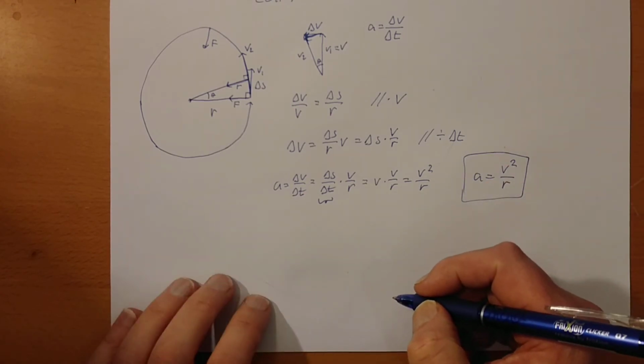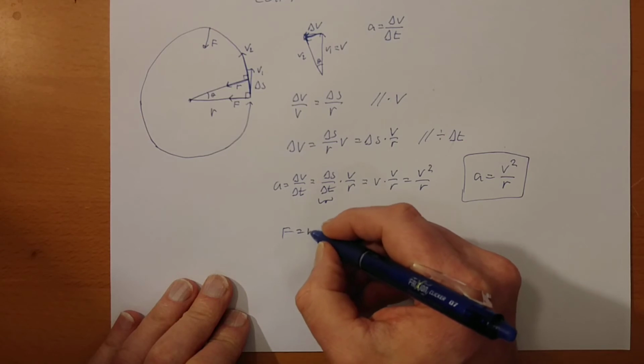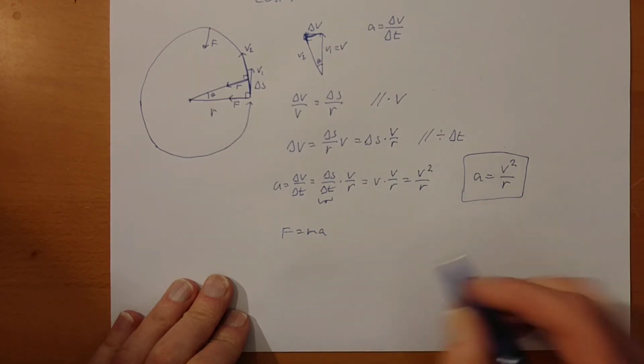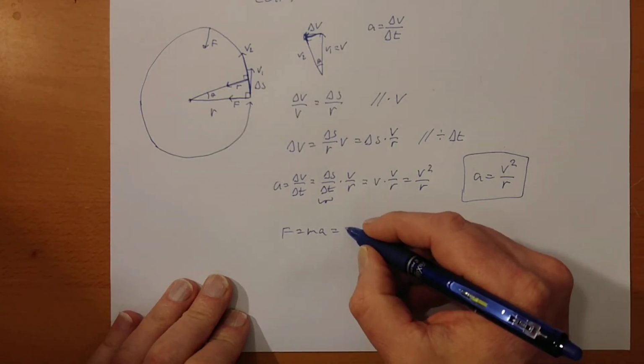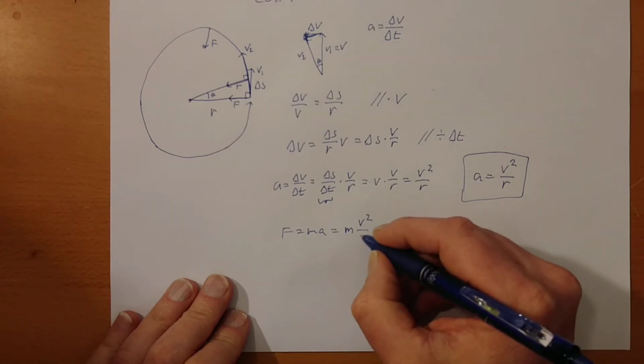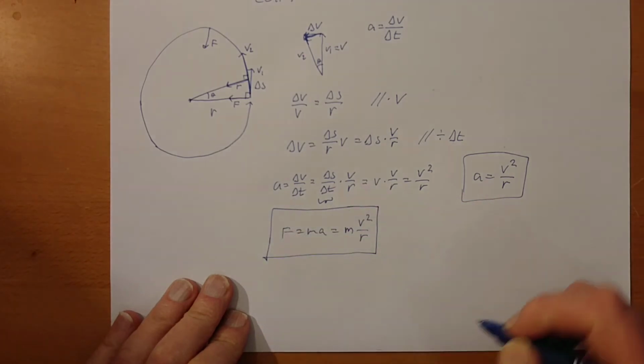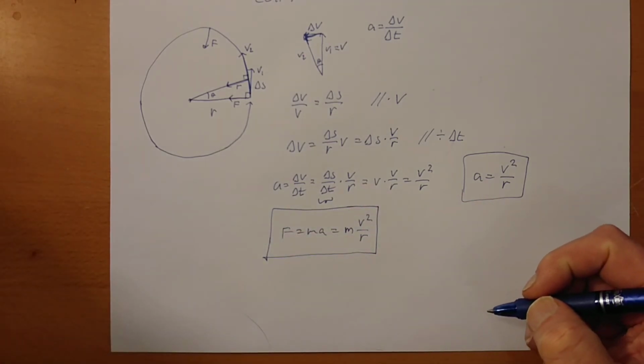Since force is mass times acceleration, if we multiply this by the mass, we get this formula for the centripetal force: mass times v square over r. And that is indeed an important formula that we'll use many times.